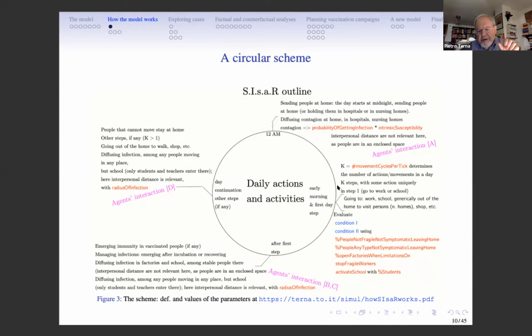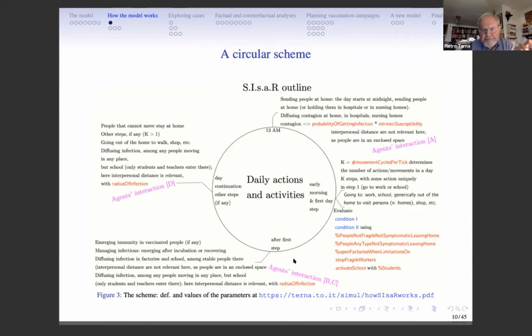And people go around to go to school, to go to factories, to shop, to simply move outside home, and they interact both point to point, person to person, or in closed space, with naturally different rules because the contagion spreads in different ways. At this address, you have all the values of the parameters here represented in orange, all the values adopted for these parameters, and a schematic representation of all the rules within the model.